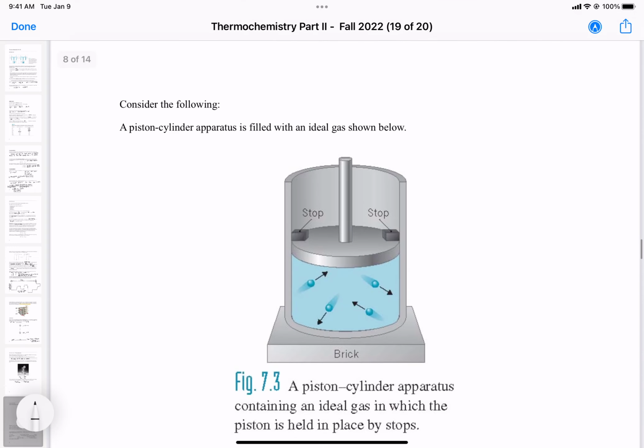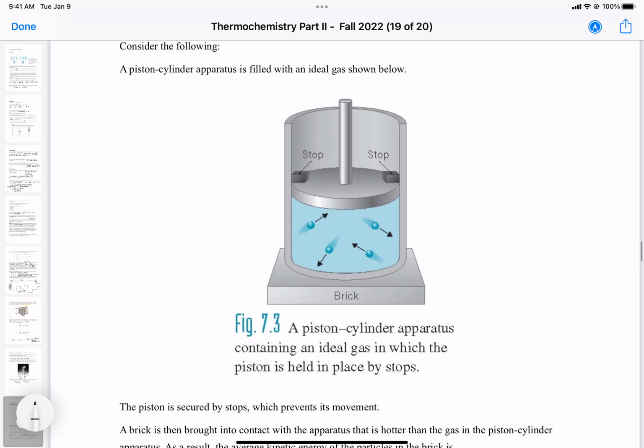So let's do an example here. What do we mean by that? Okay, so say I have this apparatus here. I have a piston cylinder apparatus, and it's filled with an ideal gas, shown below.